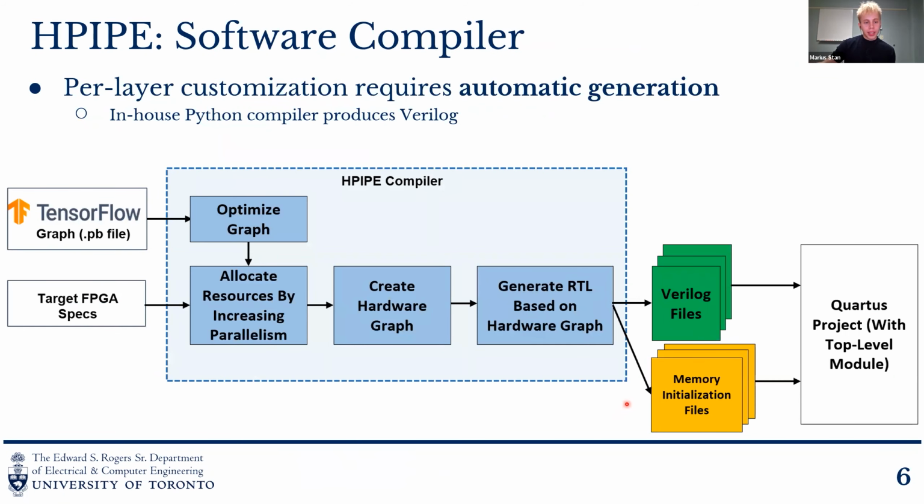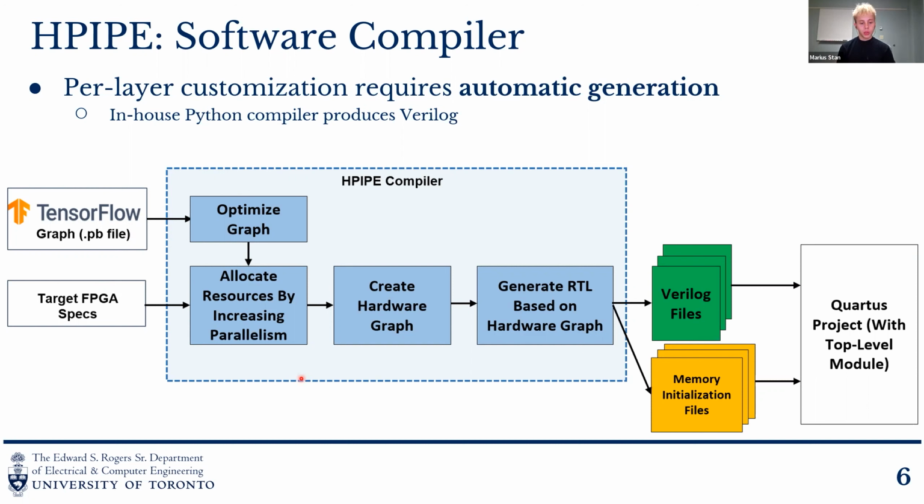HPIPE is a software compiler, essentially. I've outlined it here in the box. What our compiler does is it takes the TensorFlow graph, which is a PB file. It optimizes this graph, so it removes any nodes that might only be used for training. It merges certain nodes in the graph, reorganizes some nodes if it works better in hardware, etc. And then we take the target FPGA specs and combine this with the optimized graph by allocating resources and increasing parallelism.